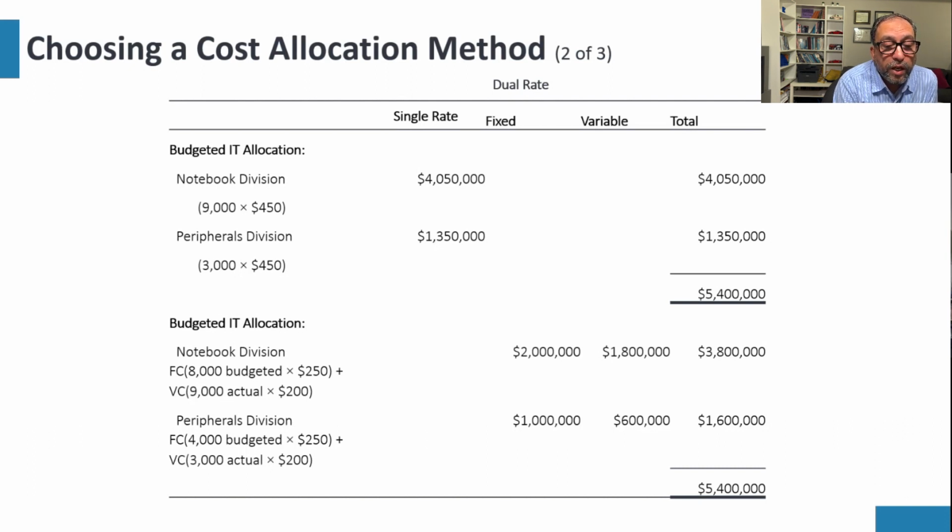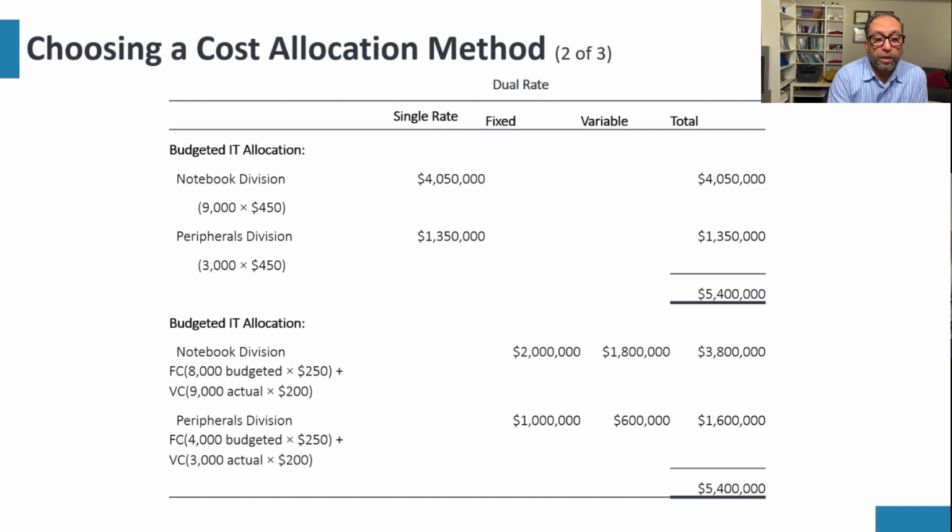So we get the fixed one is 2 million. And variable cost is based on actual, 9,000 multiplied by 200. So we see here that the variable cost is 1.8 million.